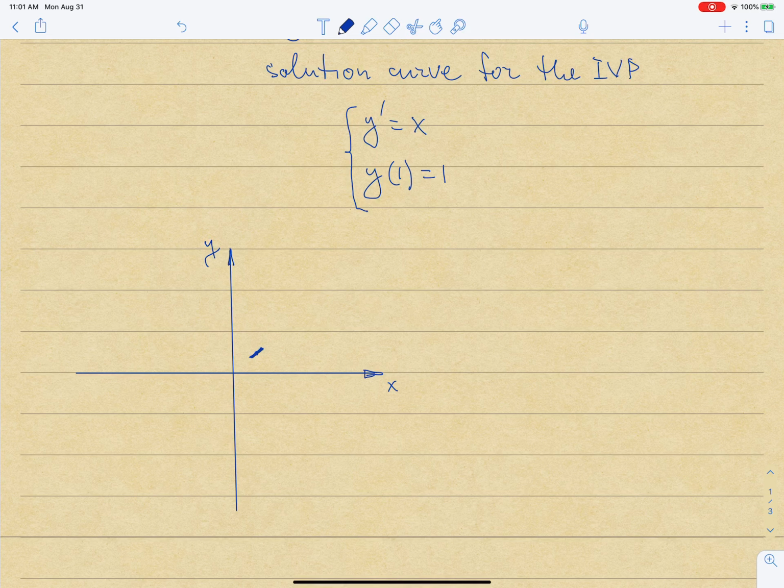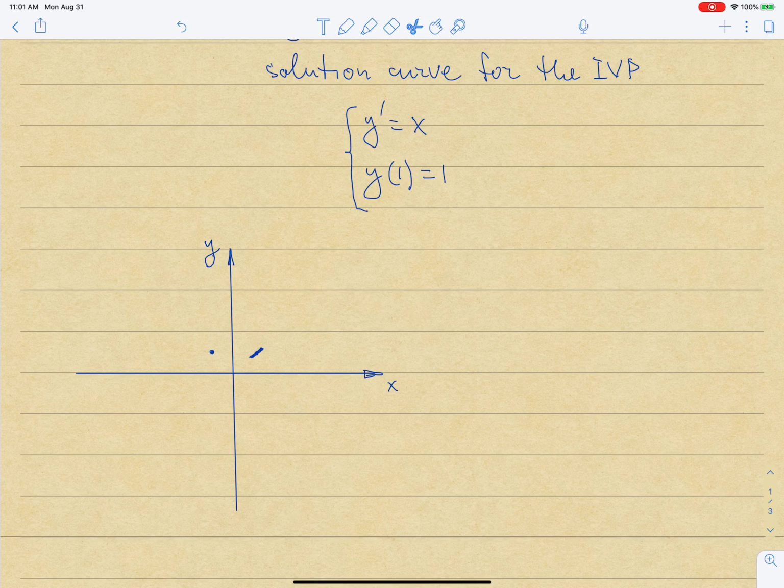Now, if we continue in the same way, let me plot one more point. What about the point (-1, 1), which is symmetric to the point (1, 1) with respect to the y-axis? So what is going to happen at that point? Here x is equal to minus 1, y is equal to 1.